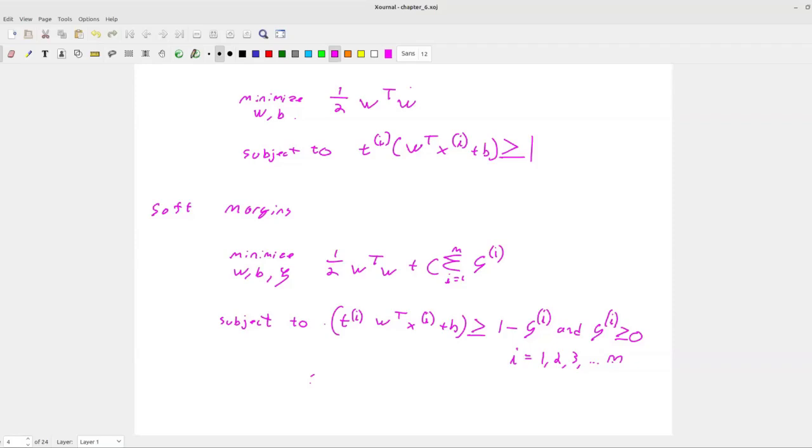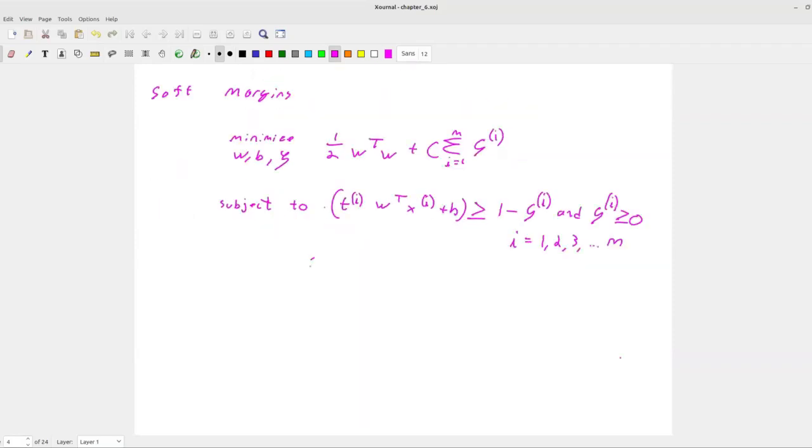And zeta is our slack variable. It quantifies the permissible margin violation for the ith instance, right?